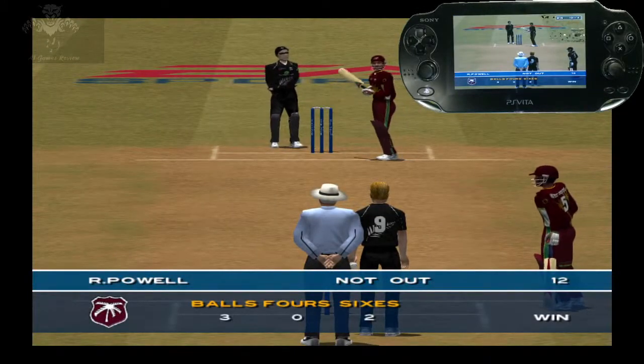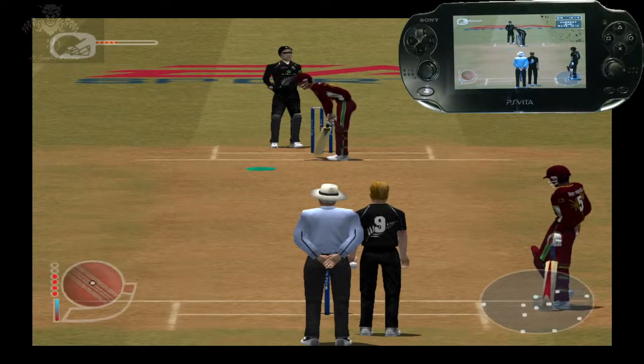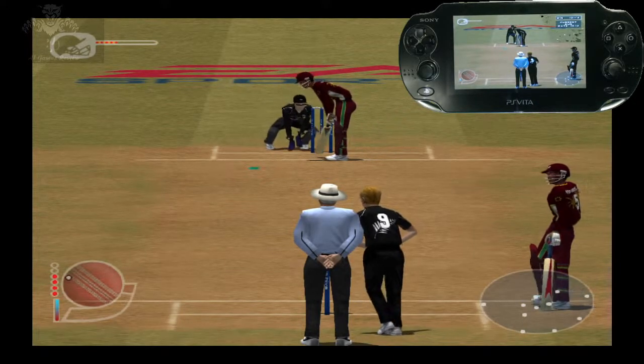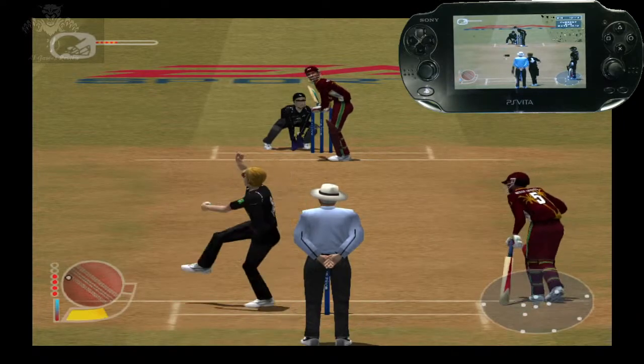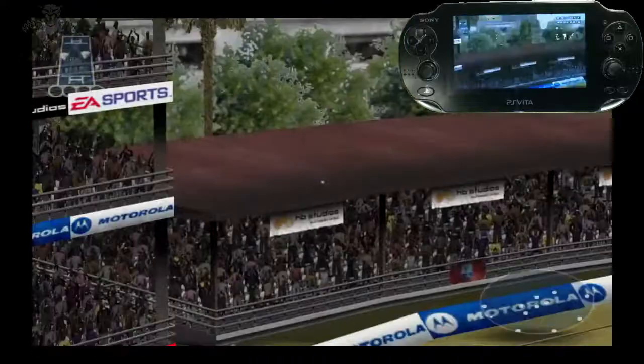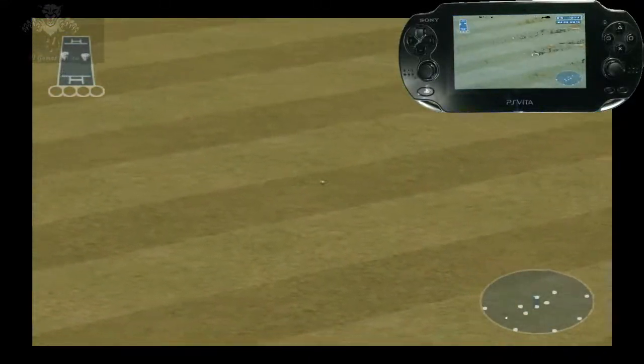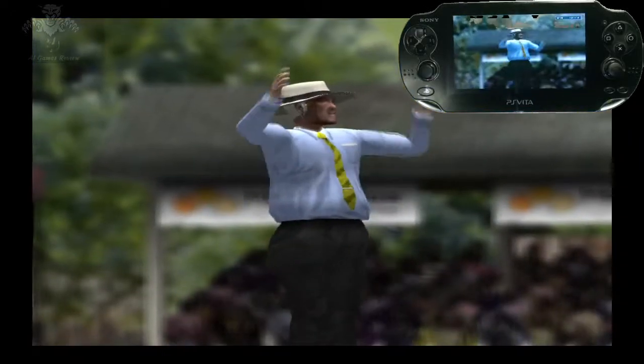Powell waiting at the striker's end. That's in the stands. 6 runs. Vettori won't like that at all. What an effortless shot. Brilliant.